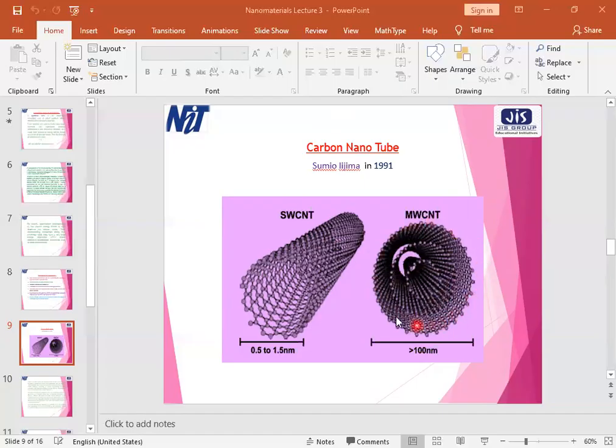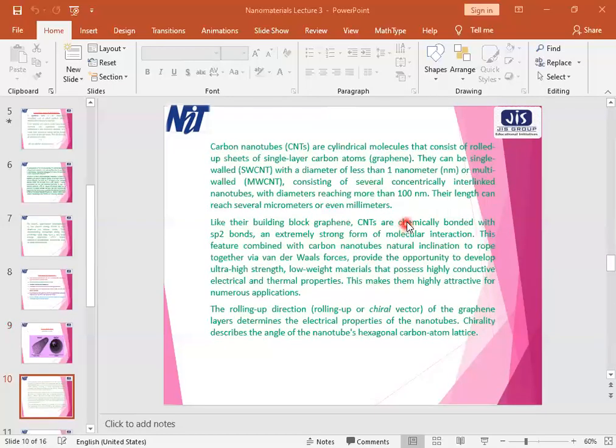This also has the same center. So concentrically, a single walled carbon nanotube is inserted so that it can have the structure of a multi-walled carbon nanotube, and it should be within 100 nanometer.